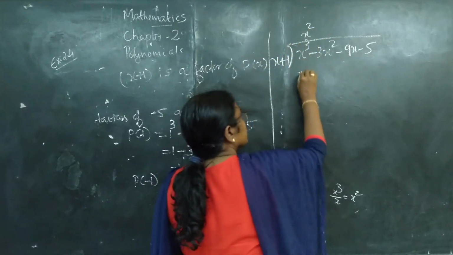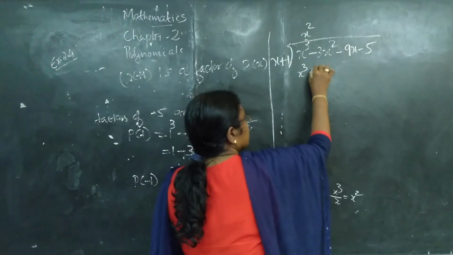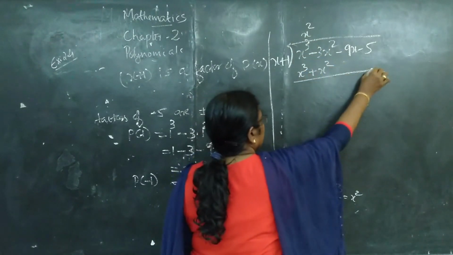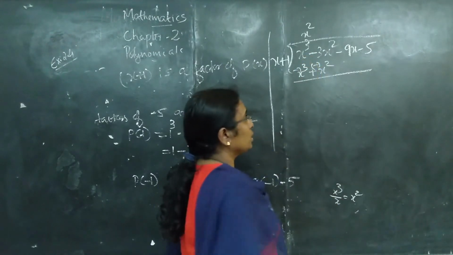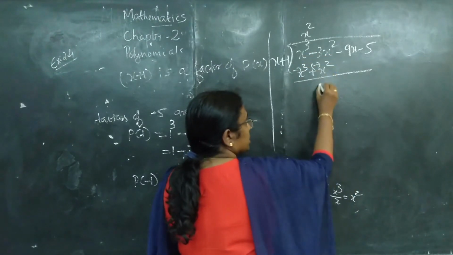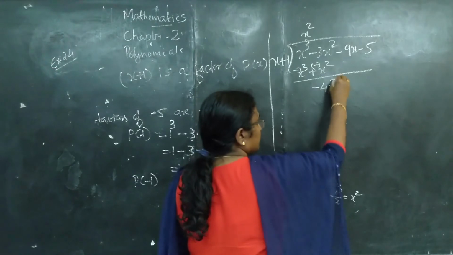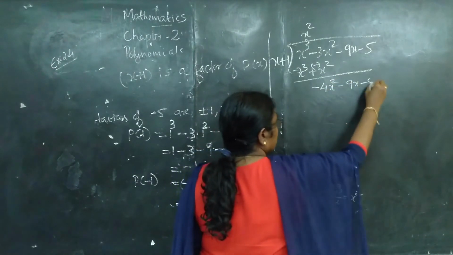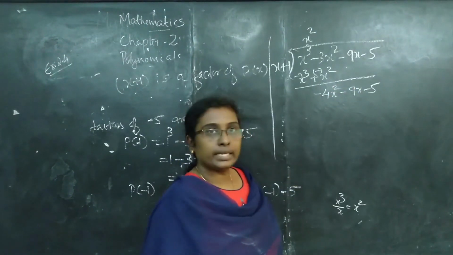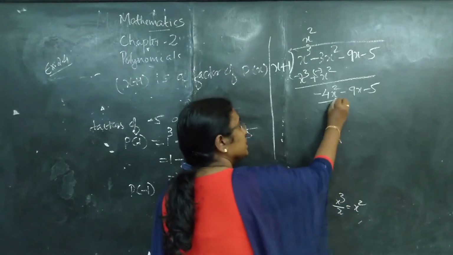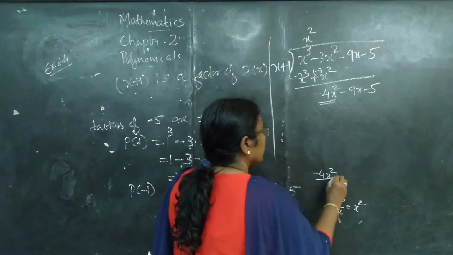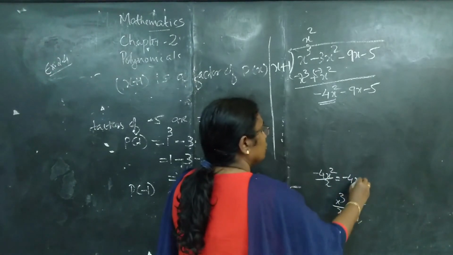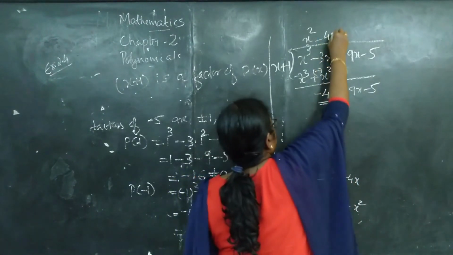Then multiply x square with x plus 1: x square into x is x cube, x square into plus 1 is plus x square. Then subtract. X cube minus x cube 0. Minus 3x square minus x square is minus 4x square, minus 9x. Then divide minus 4x square by x, equal to minus 4x. Write minus 4x here.